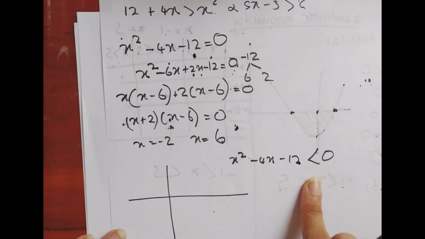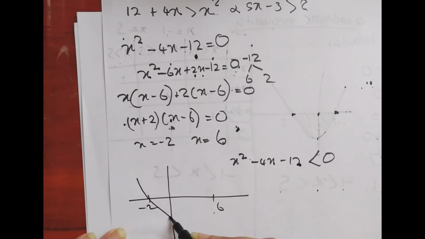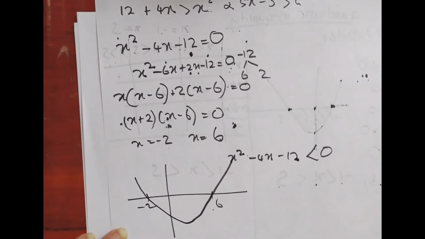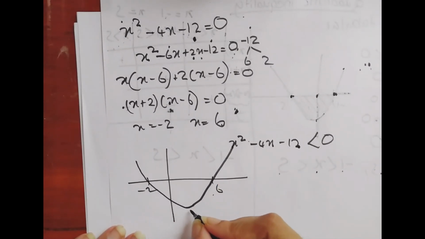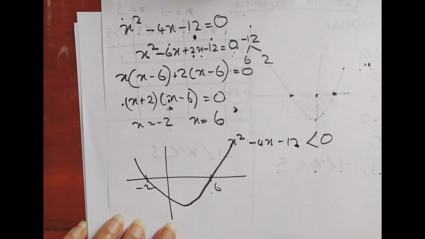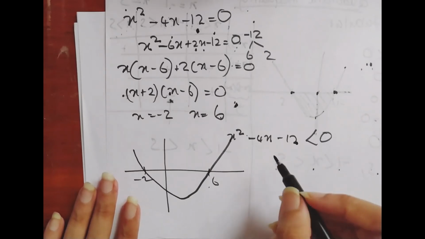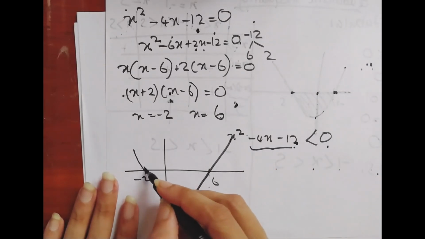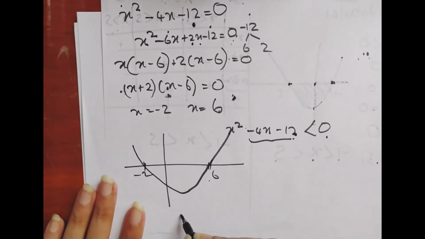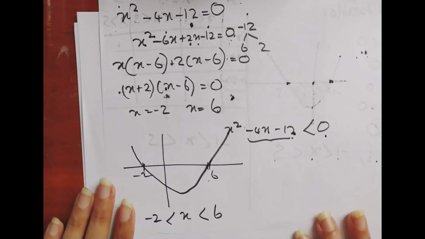So if I draw this, this is minus 2, this is 6. So this will be something like this. You don't need to check where you get the minimum or the maximum value. That doesn't matter, right? So just sketch it. Now we are going to see when this is less than 0. That is in between this and this. Then you can say here x is between -2 to 6 in this case.